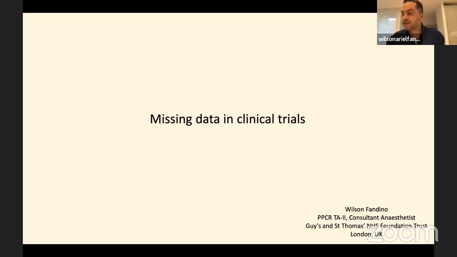So I would like to start this presentation by asking you, how do you classify the clinical trials? Can anyone give me an idea? Maybe in terms of the design, in terms of the population, in terms of the location of the trial, in terms of many things.